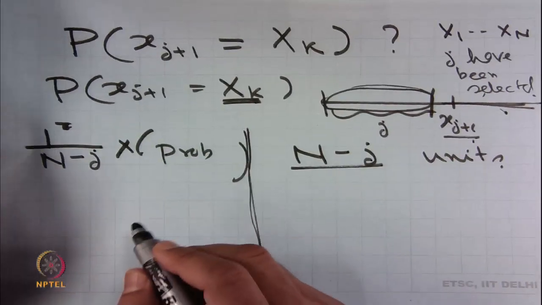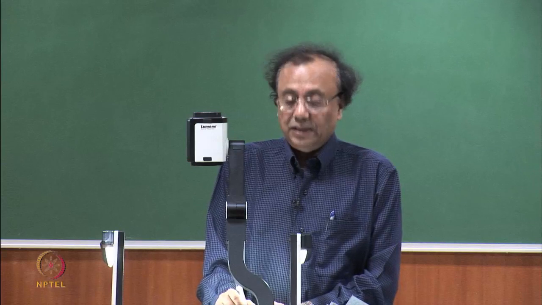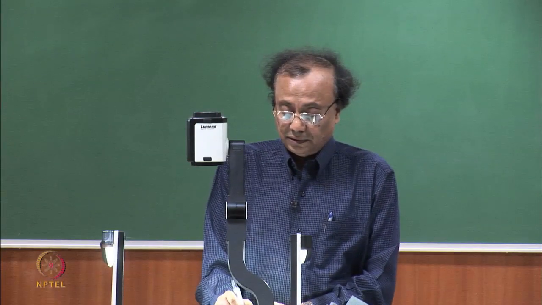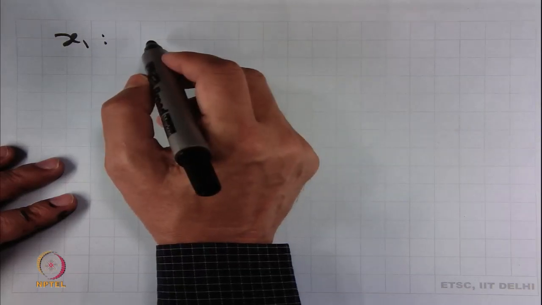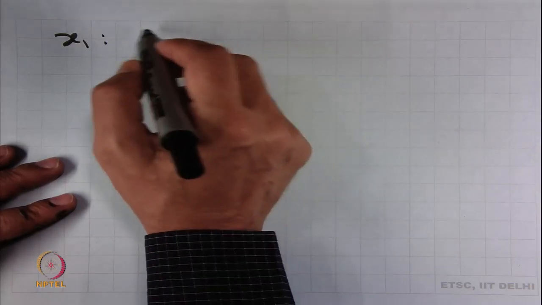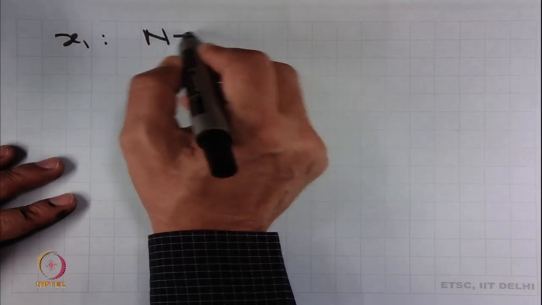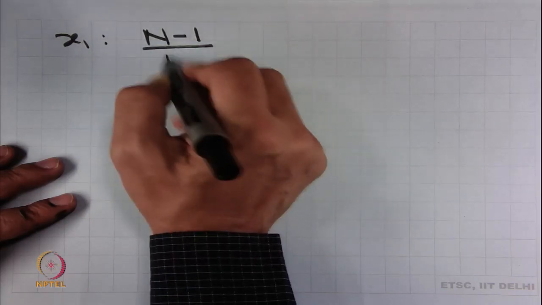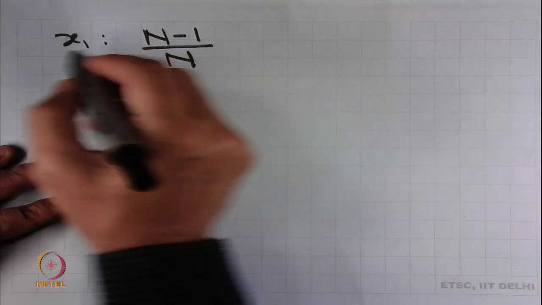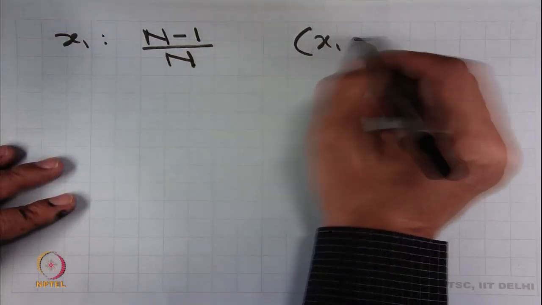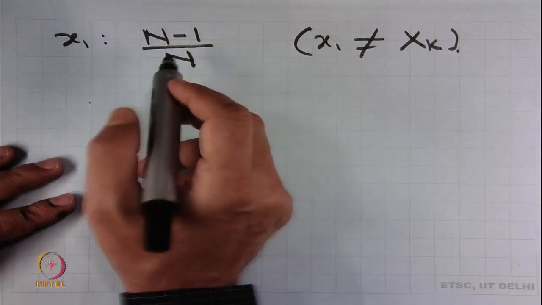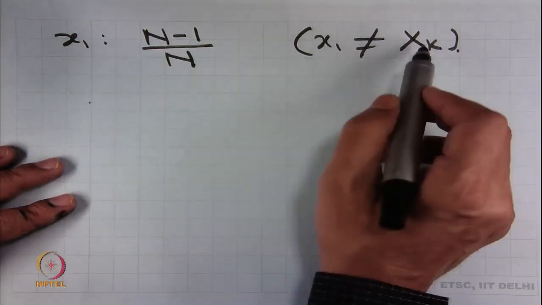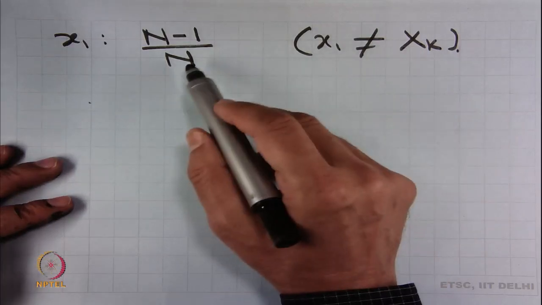So, we do it in the following way. In the first instance, we can choose something other than the x k that has the probability n minus 1 upon n. Because out of n, one of them is x k, and so that we cannot select.